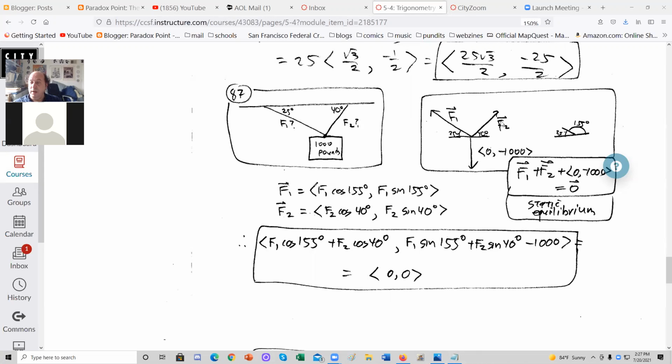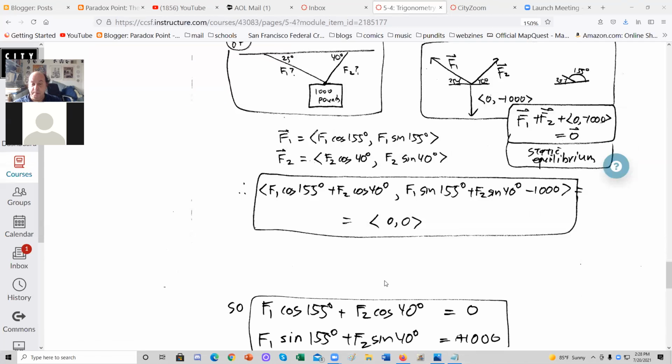F2 is F2 times cosine of 40 degrees by F2 sine of 40 degrees. So these 2 forces plus 0 by negative 1,000 adds to 0 by 0. So F1 cos 155 plus F2 cos 40 by F1 sine 155 plus F2 sine 40 minus 1,000. All that sums up to 0 by 0.